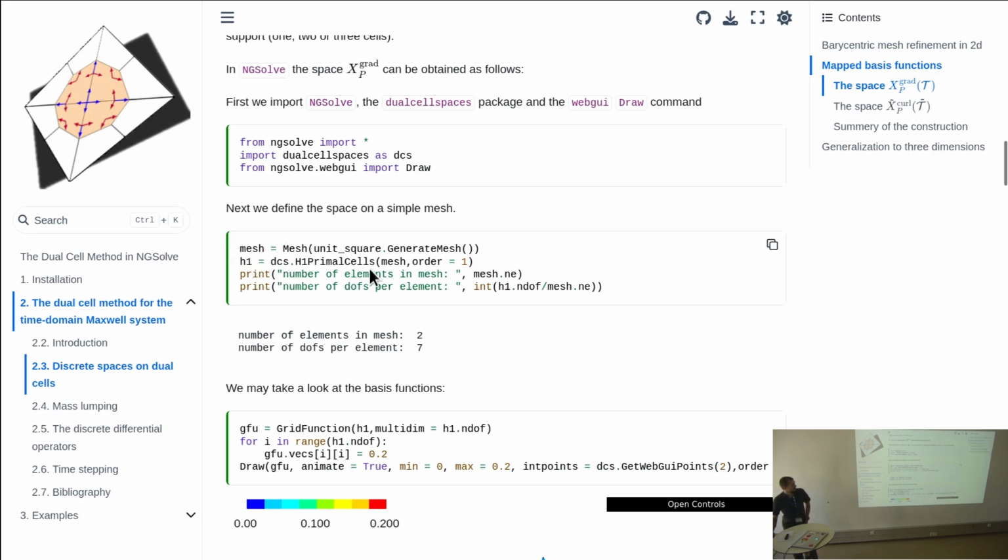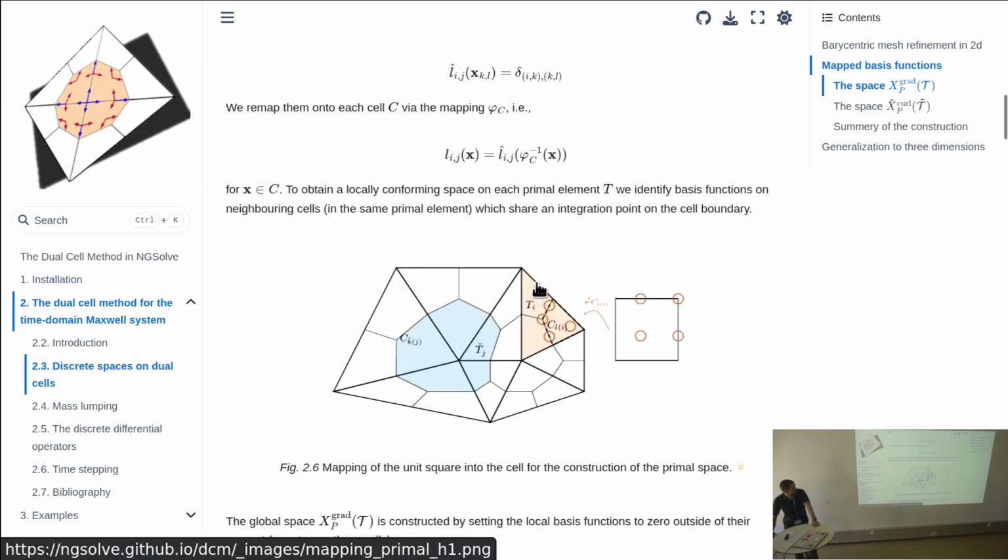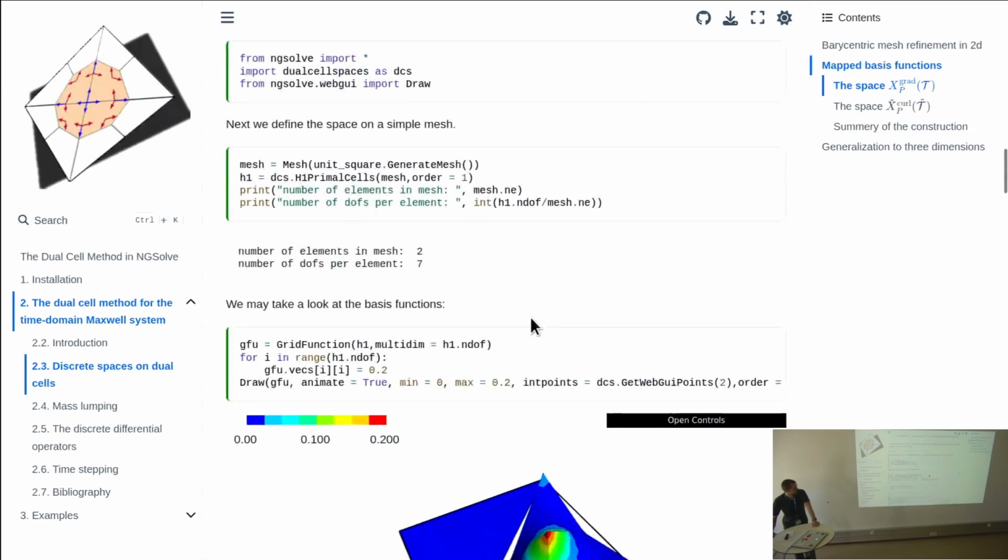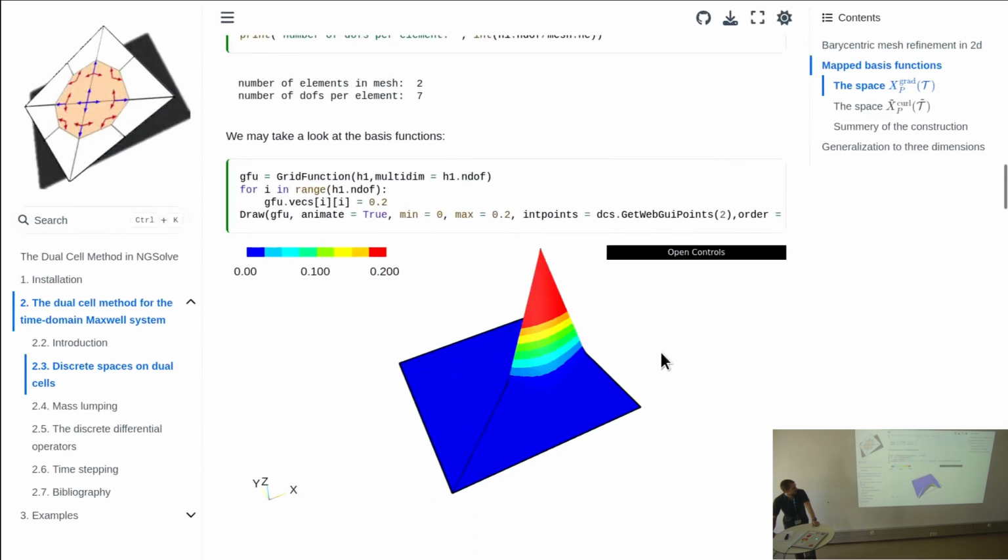So the H1 primal cells, we have a mesh with 2 elements, or the one has 7 degrees of freedom per element. Why 7? Okay, if this is 1 element, then we have 1, 2, 3, 4. And then we have here 1, 2, and 1 missing here on the boundary. So these are the number of elements here. We can look at the basis functions. Yes, and you see they are.